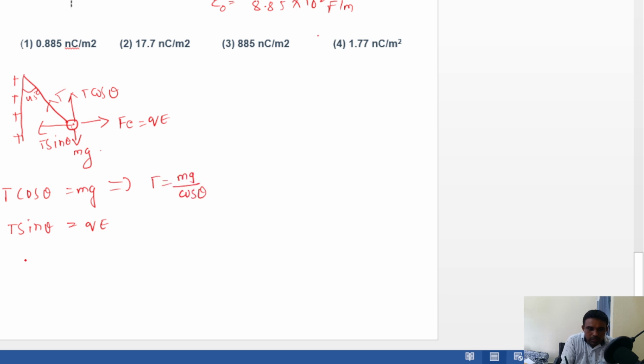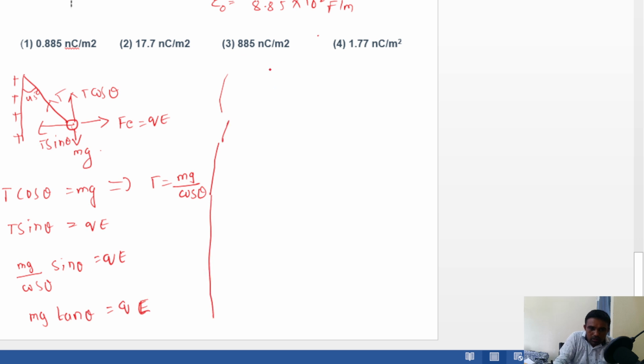Okay, substitute this T value here: mg by cos theta into sin theta is equal to Q into E. Okay, sin theta by cos theta is equal to tan theta. So mg tan theta is equal to Q into E. Here theta is equal to 45 degrees.